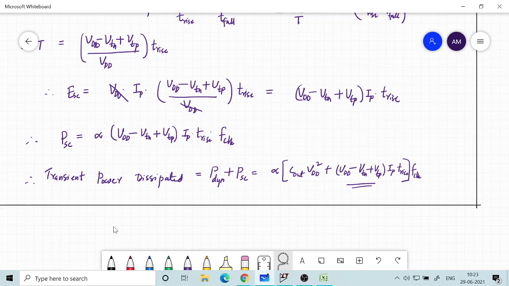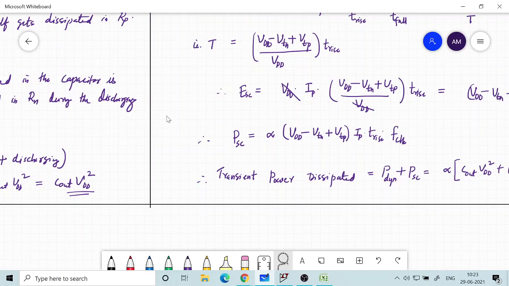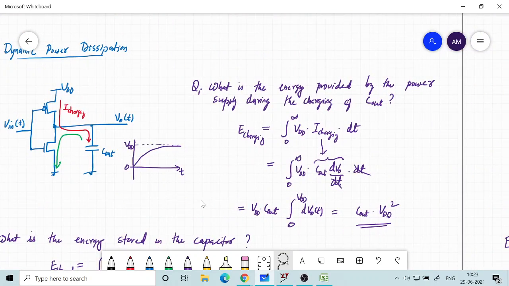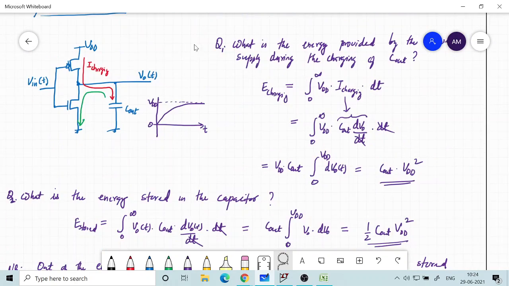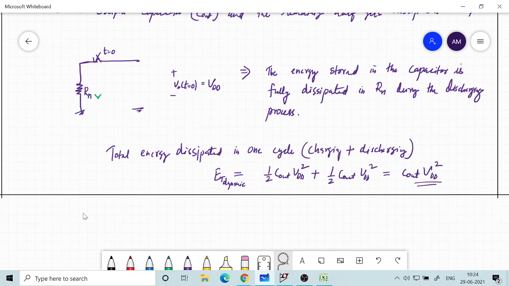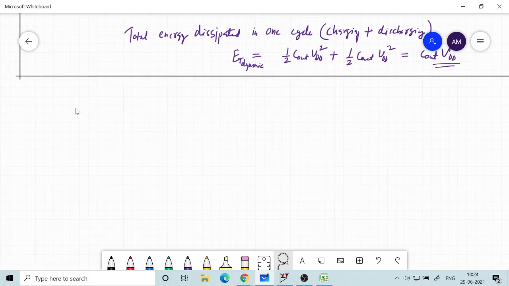Okay, now comes the third one. What was it? It was basically the static power, that is, the leakage power. So for completeness we can discuss this also.